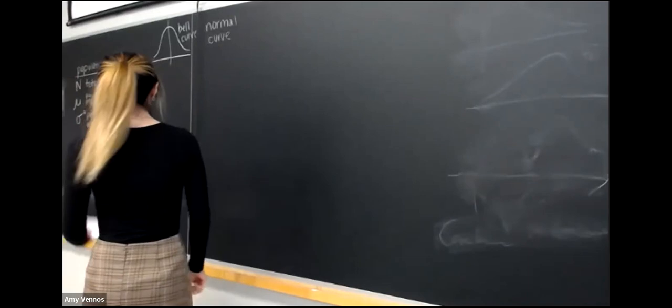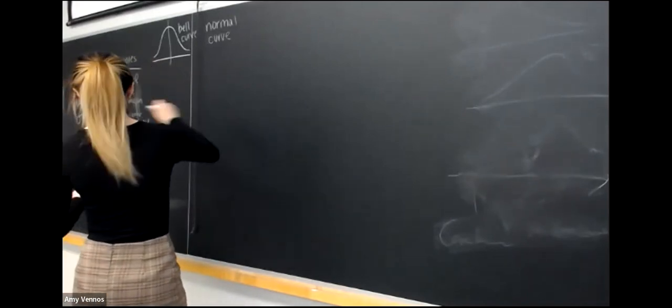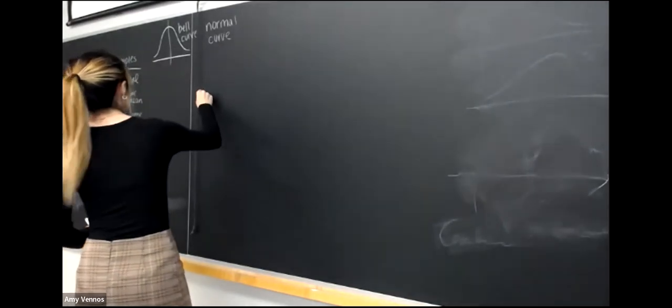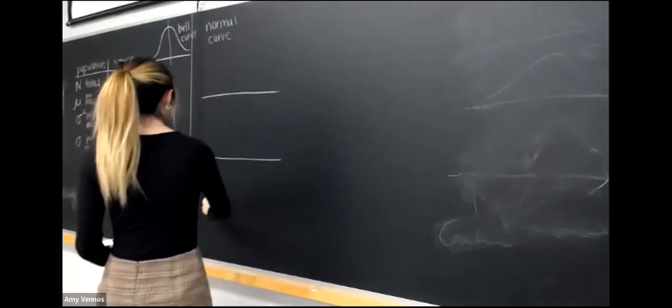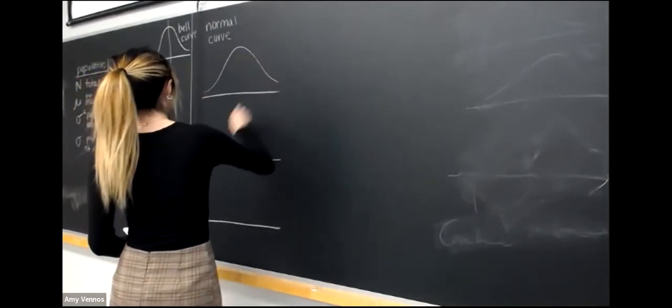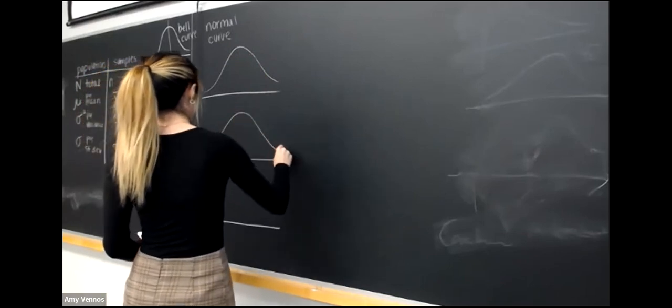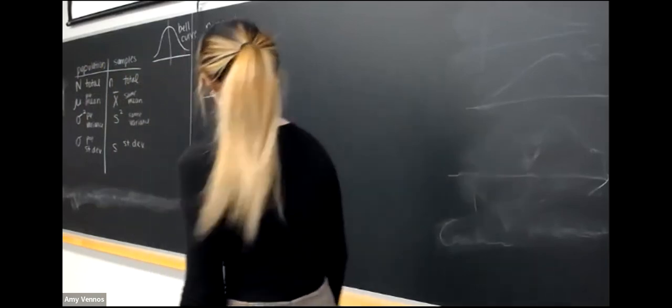Okay. This is not on your guided notes, but what I want you to do is somewhere on your notes, draw 3 bell curves. Okay, with a line underneath. So one of them, 2 of them, 3 of them. Okay.